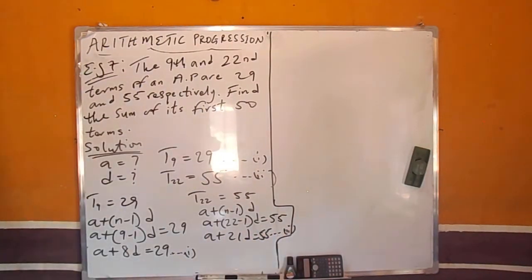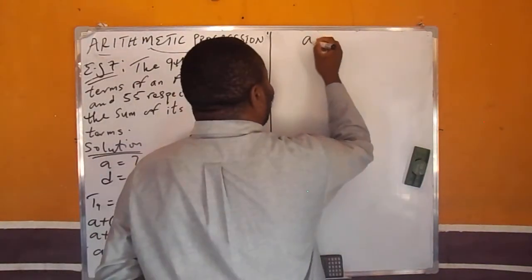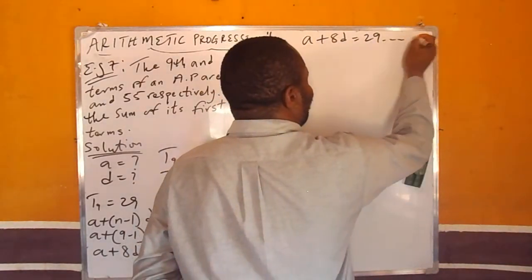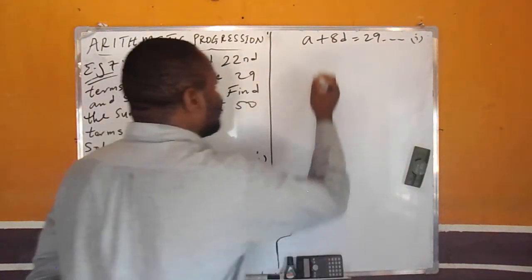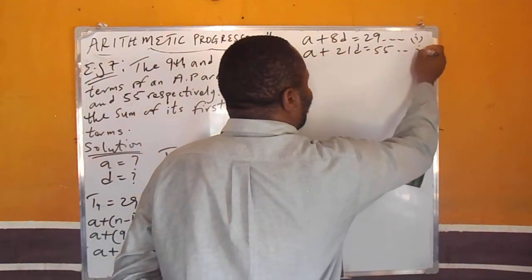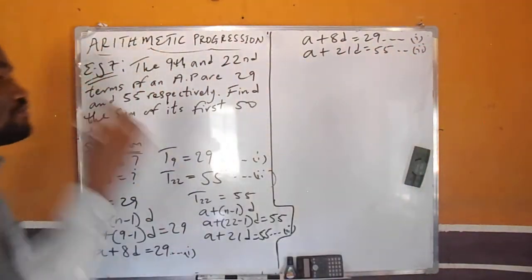Equation 2. Now we can solve equations 1 and 2 simultaneously. Equation 1: a plus 8d equals 29. Equation 2: a plus 21d equals 55.